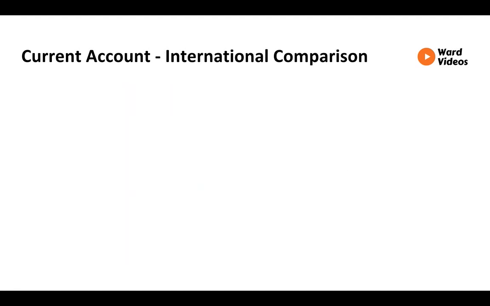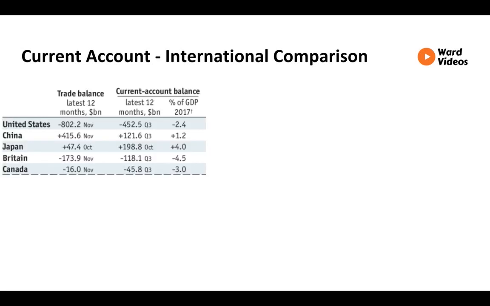So, how does our current account compare internationally? Data compiled by The Economist shows that in 2017, the current account as a percentage of GDP for some of the major economies was United States, negative 2.4% of their GDP, China, plus 1.2%, Japan, 4%, Britain, negative 4.5%, and Canada, negative 3%.